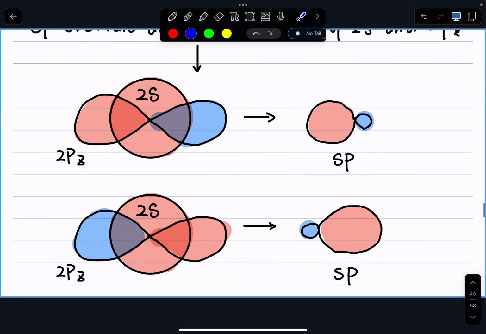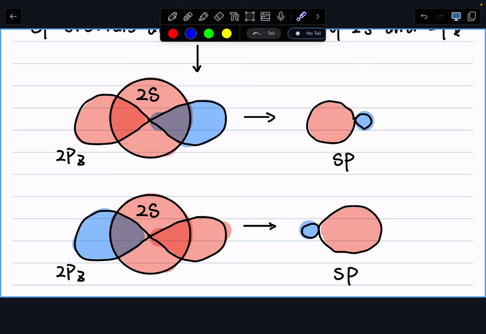Here we are. So this spherical one is my s atomic orbital. The dumbbell one is my p atomic orbital. Right, my p orbital can be differently shaded, so we end up with two sp orbitals. And these hybridized sp atomic orbitals, both singly occupied, are now ready to make a chemical bond with the hydrogen.